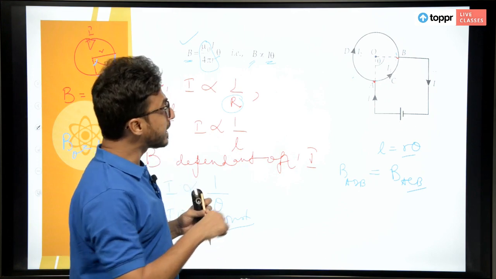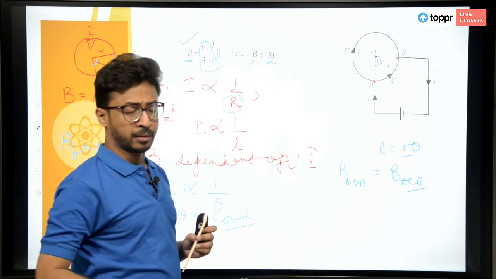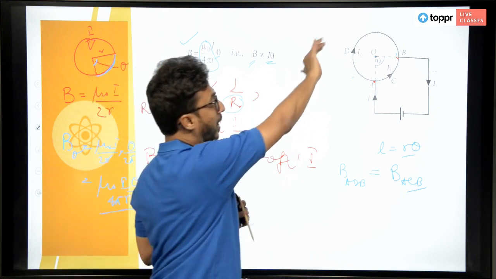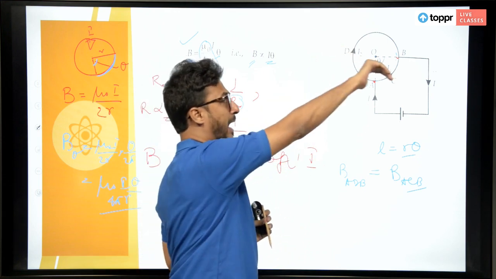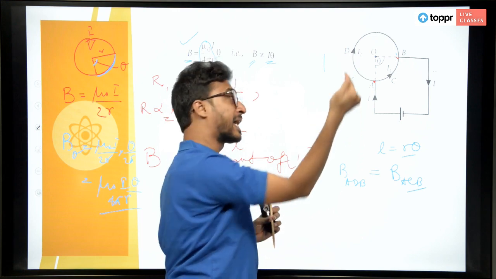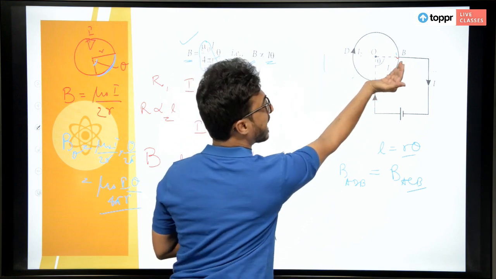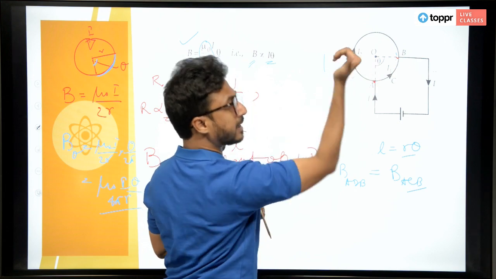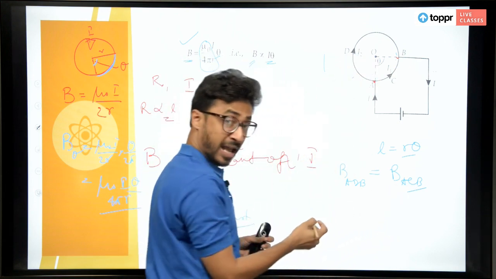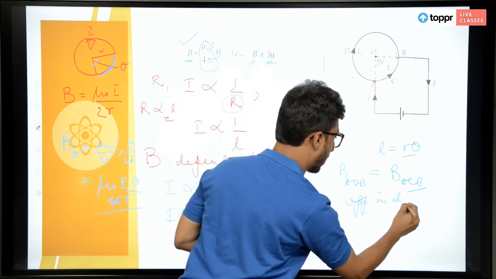By the corkscrew rule or right-hand thumb rule, if the current is going like this and I curl my hand, the magnetic field by ADB is in this direction, that is, inside the board. And if I curl my hand like this for ACB, the magnetic field is outside the board. They are equal and opposite in direction.